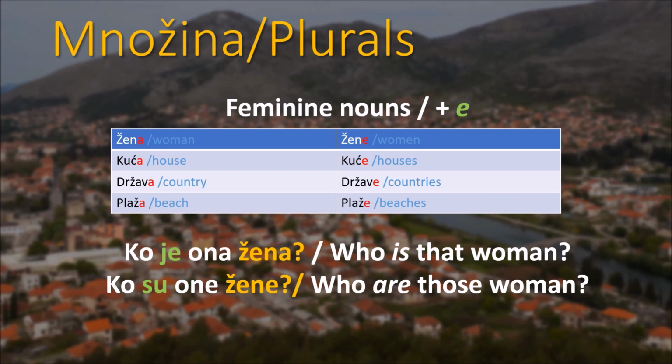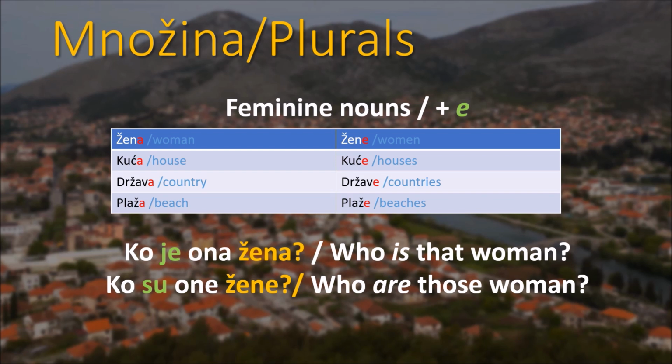Kuća, house. Kuće, houses. Država, country. Države, countries. Plaža, beach. Plaže, beaches.